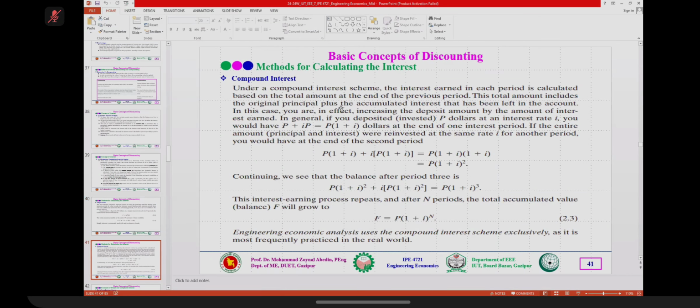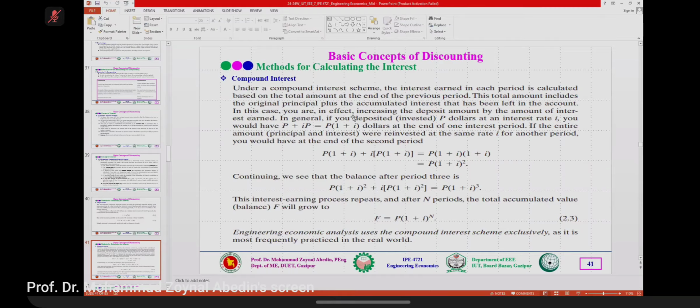Compound interest, yeah, this is the other interest scheme. Under a compound interest scheme, the interest earned in each period is calculated based on the total amount at the end of the previous period. This total amount includes the original principal plus the accumulated interest that has been left in the account.